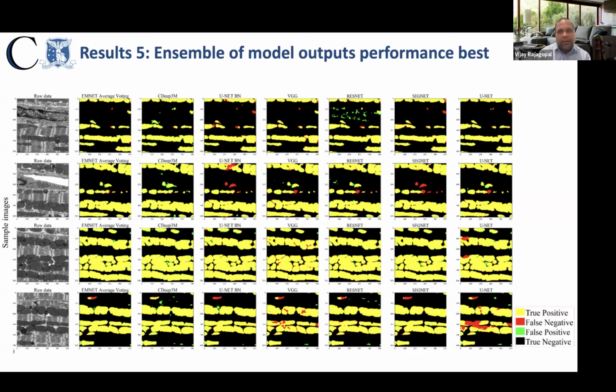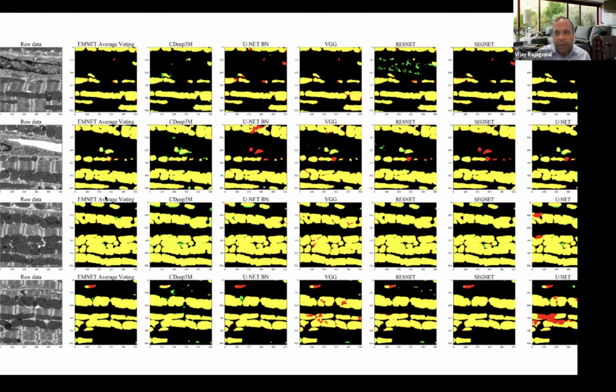And one thing we found that works best is actually to take all of the results from the different models, and then you do average voting or maximum voting, and basically what we call ensemble, taking the ensemble of models, which is this leftmost result here. You find that you just reduce the number of false positives and false negatives by just doing an ensemble of models.